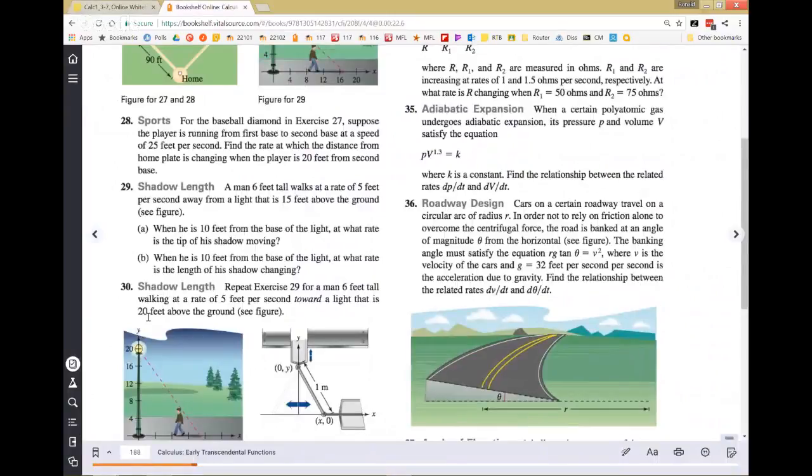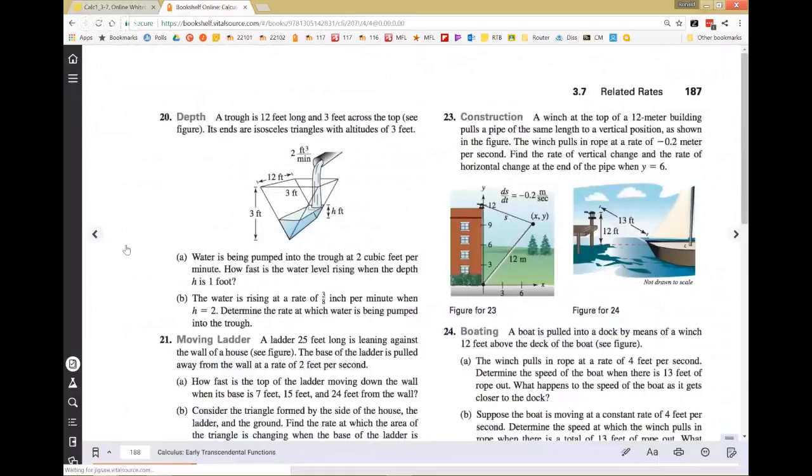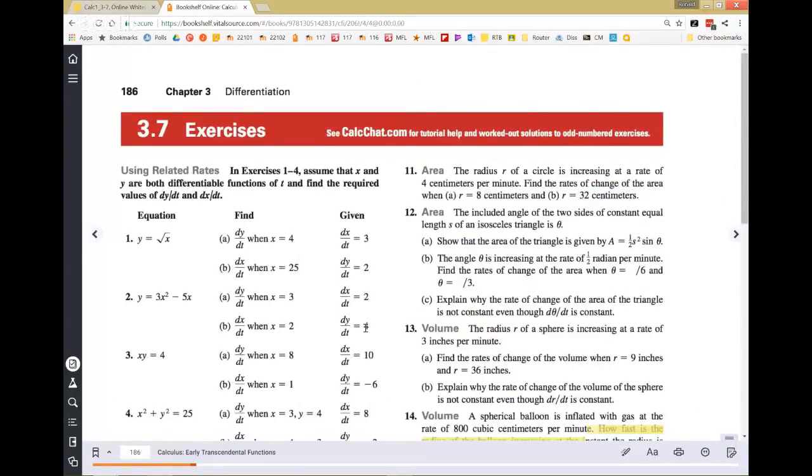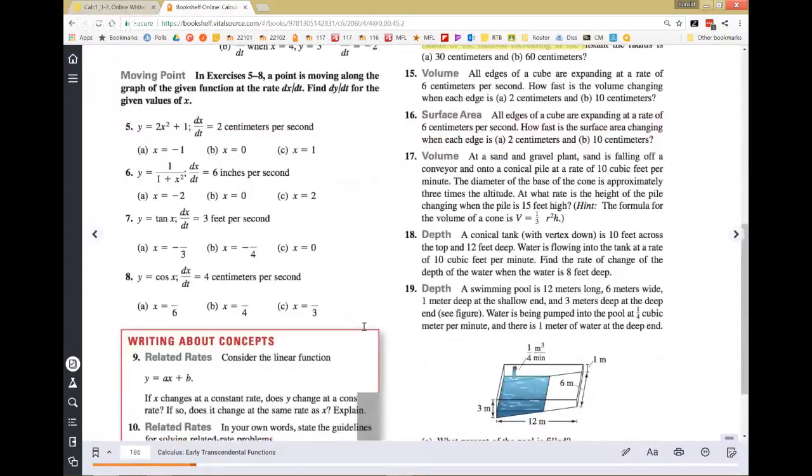Number 17. We've got a sand and gravel plant. Sand is falling off a conveyor, and it makes a conical pile, and it's falling off this conveyor at the rate of 10 cubic feet per minute.